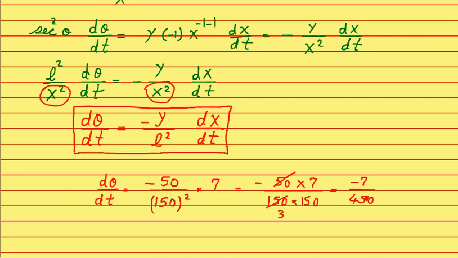What is the unit of this? Let me pause for a moment and you can figure out what's the unit of this. The rate of change of an angle with respect to time. How is this angle measured? Remember, in all the formulas in calculus, angles are measured in radians.